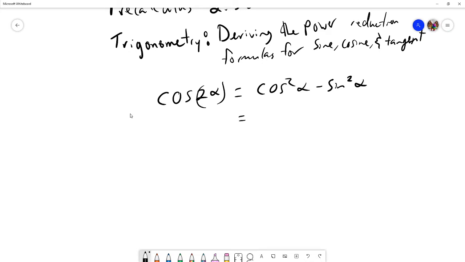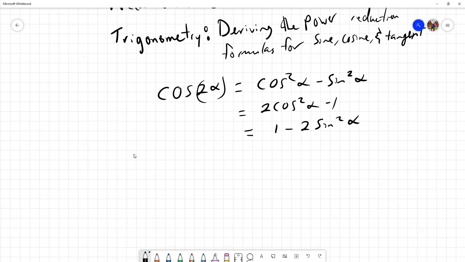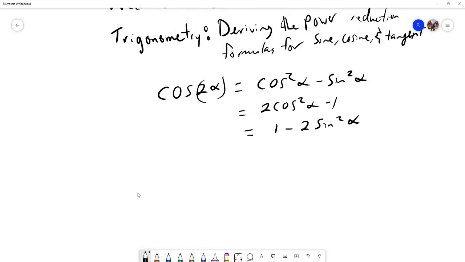This is the same thing as 2 cosine squared alpha minus 1 and 1 minus 2 sine squared alpha. So where we are going to begin for deriving the identity for cosine is actually starting with this identity here.